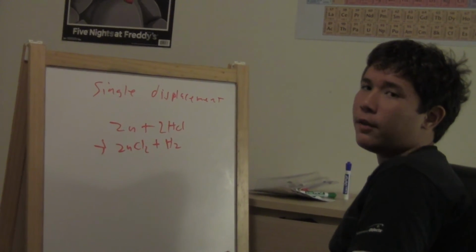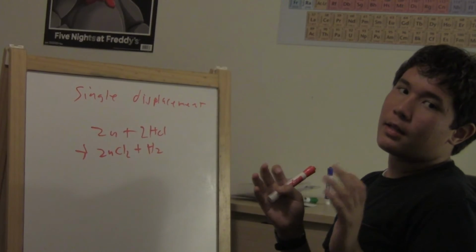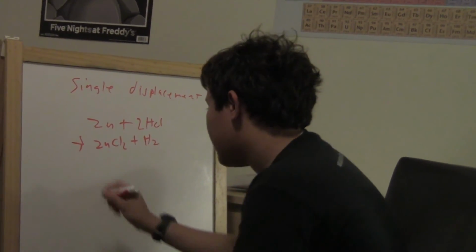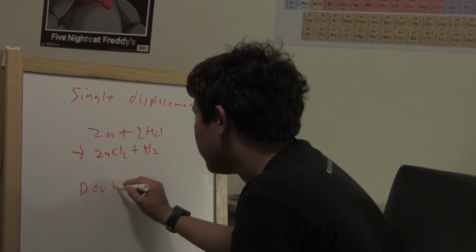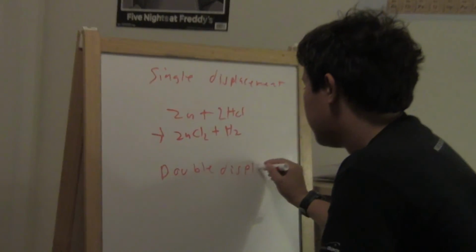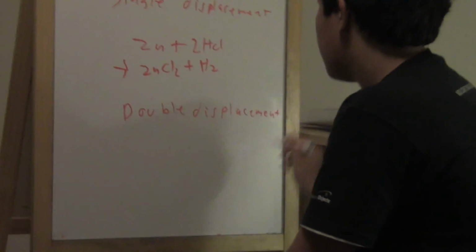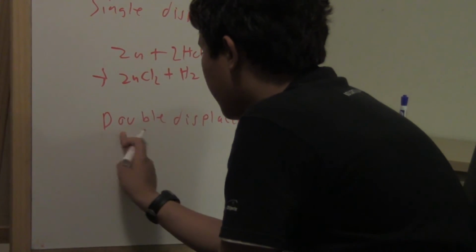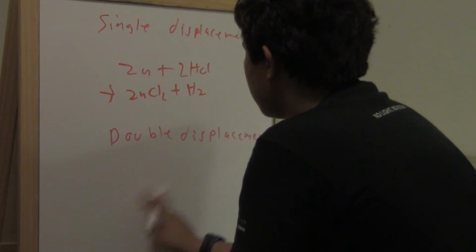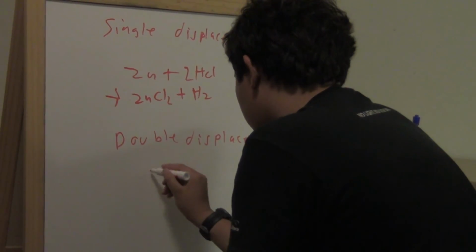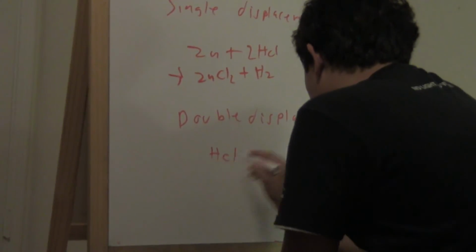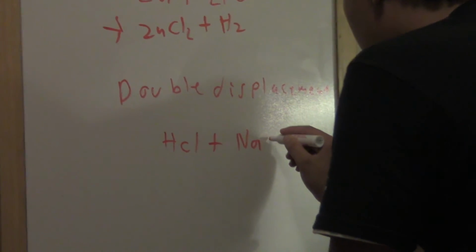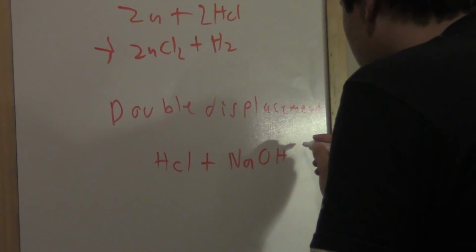But you're wondering, is there more? The answer is yes, there is more. And that more is double displacement. Instead of just one molecule, we have 2, and we have 2 only. No single elements being stranded on their own. Hydrogen chloride plus sodium hydroxide, whatever it's called.